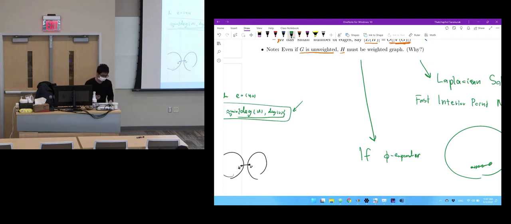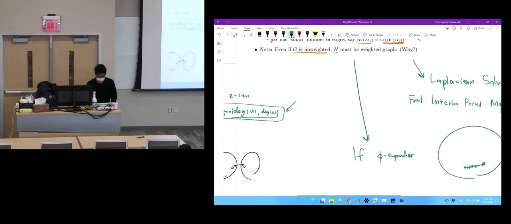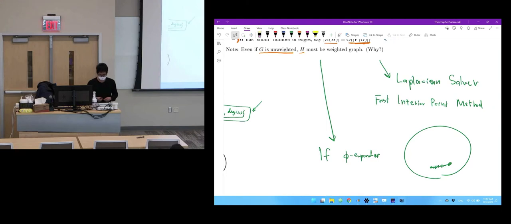There is some reason behind this, but for now we wouldn't have time to talk about it. But I just want to mention that this algorithm is strong enough to even compute something stronger like a spectral sparsifier.